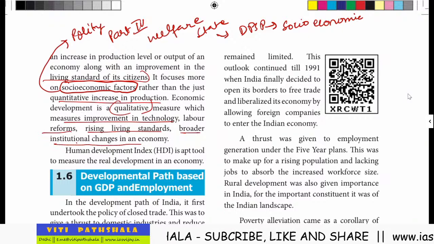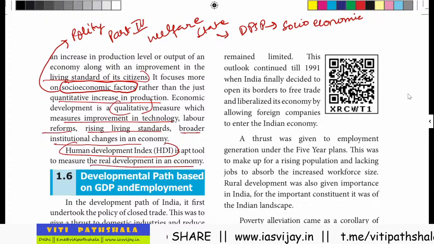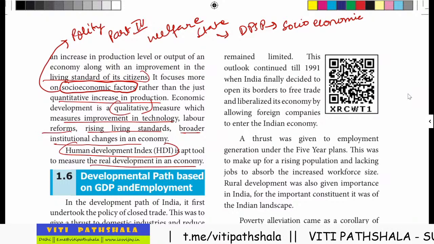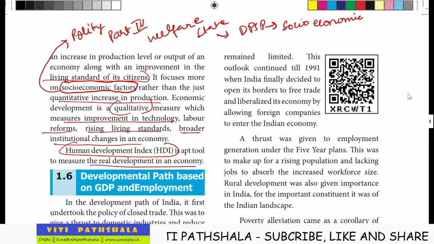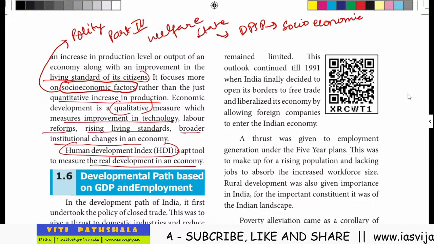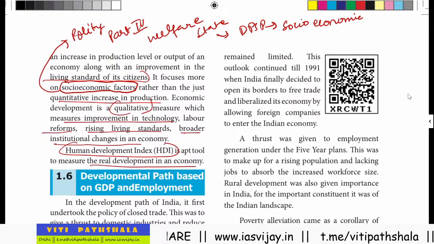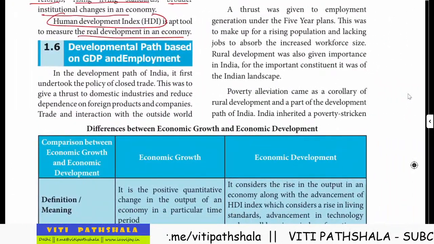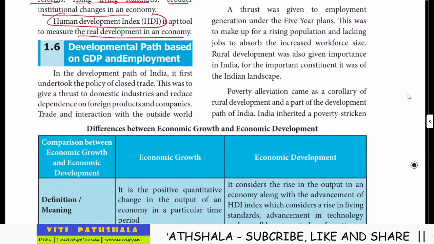So the Human Development Index is a tool to measure the real development of the country. For development, you need the Human Development Index, whereas the GDP, NNP, GVA, and national income are required to measure the growth. I told you earlier also that this topic is very important for your mains.